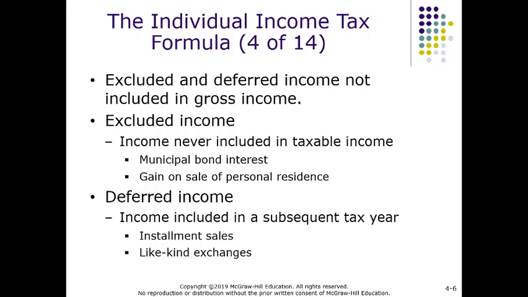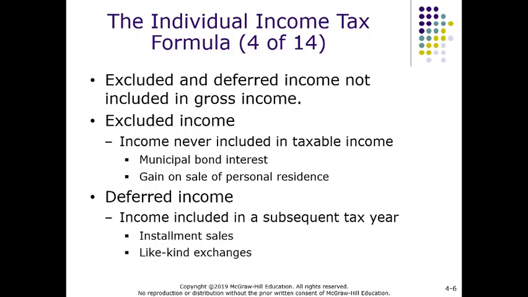Well, the best example is municipal bond interest. Municipal bonds are bonds issued by state, county, and local governments. When they issue a bond, the bondholders receive interest payments. Those interest payments are excluded from income of the bondholders.